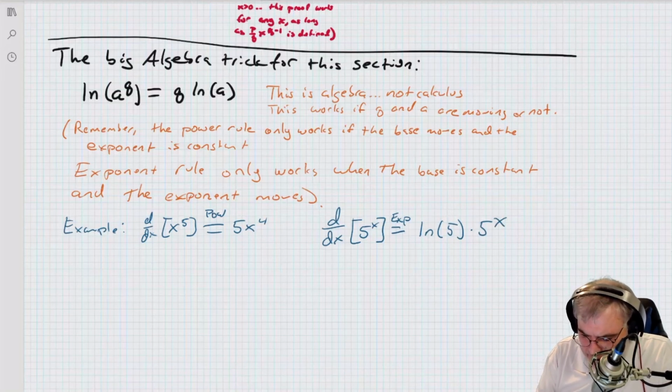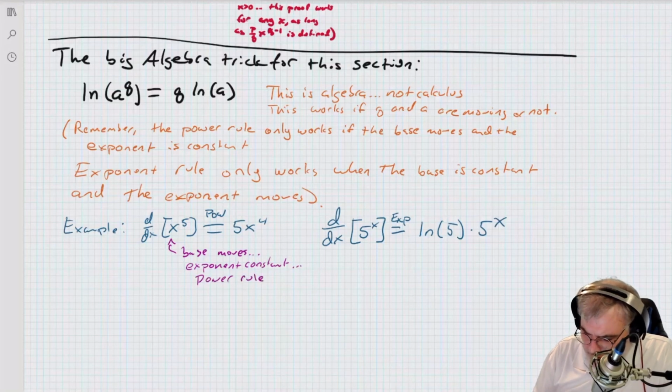So here, base moves, exponent constant, power rule. All right.